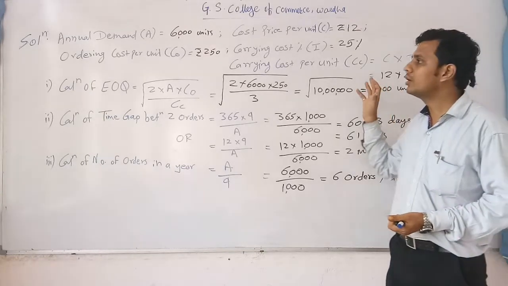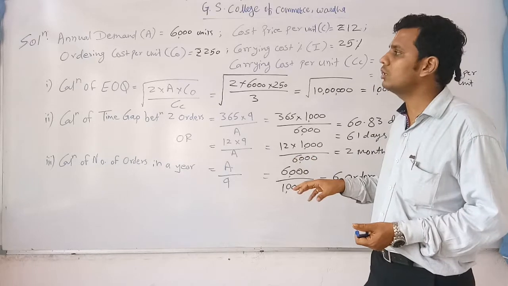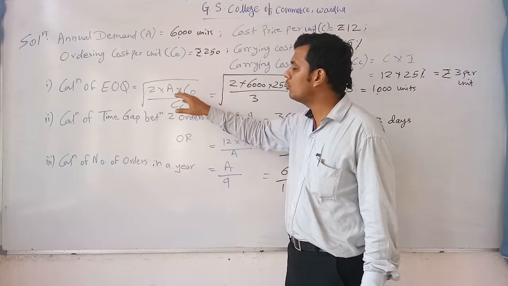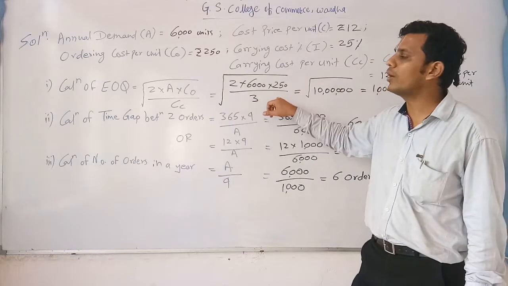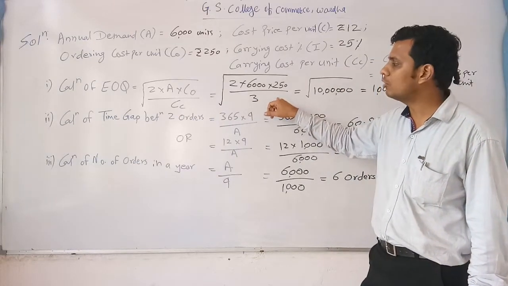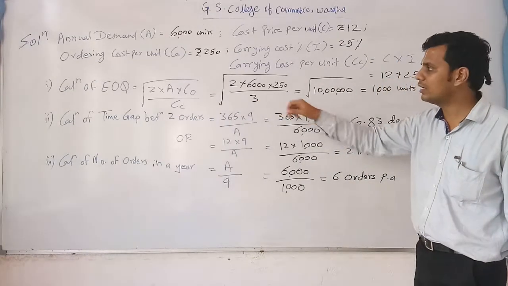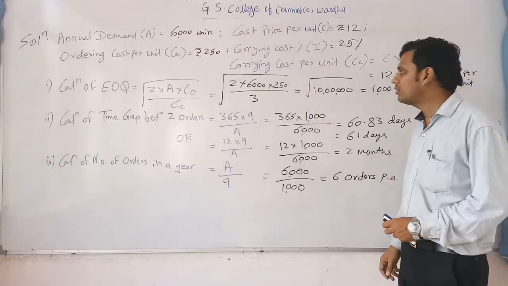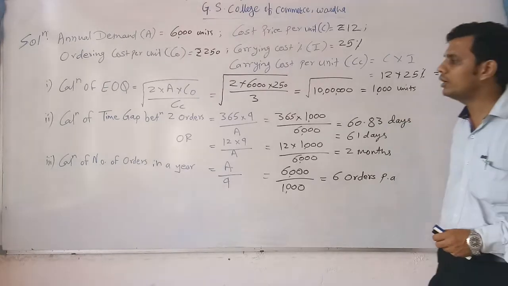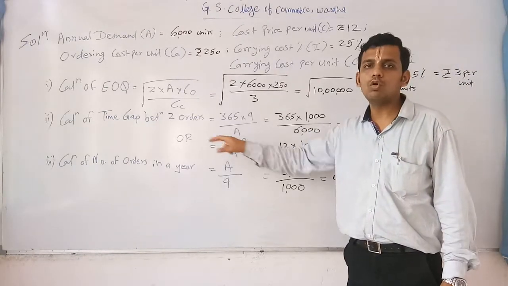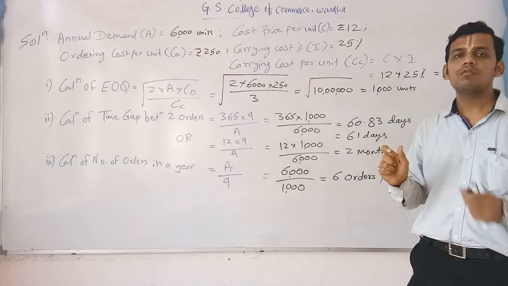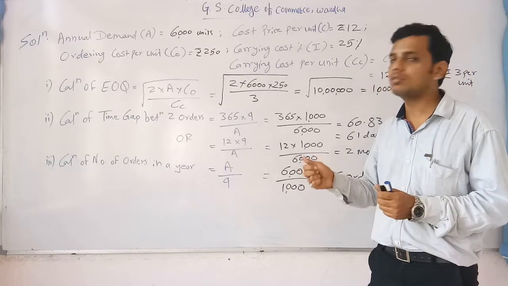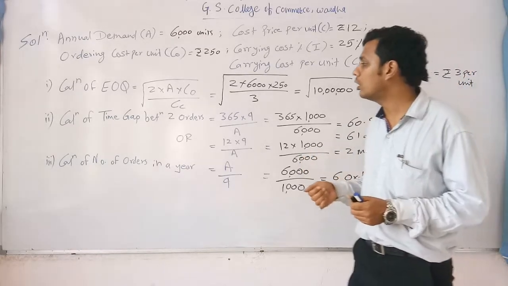So what we have got in our first solution of inventory management: for calculation of EOQ we use the formula under root twice annual demand multiplied by ordering cost divided by carrying cost, that is 2 multiplied by 6000 into 250 divided by 3 under root. So the answer is 1000 units. Then the time gap between two orders: suppose order 1 is placed on 1st of December, when would be the date for order 2?